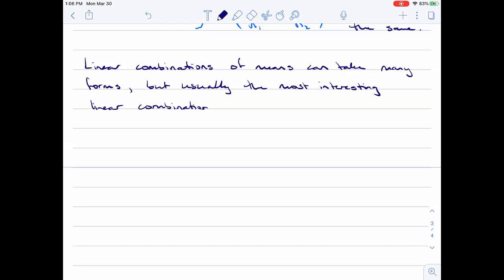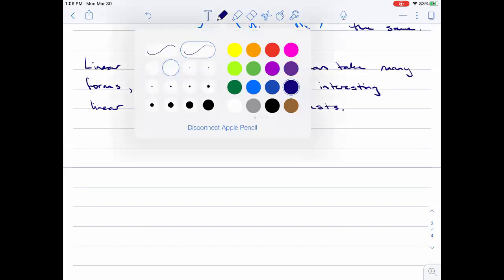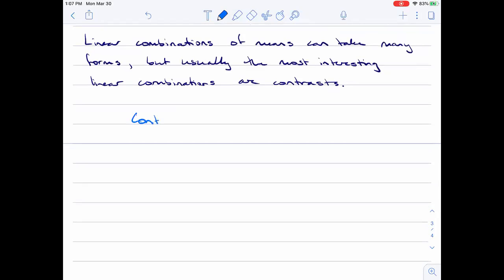Contrasts are when the coefficients add to zero.